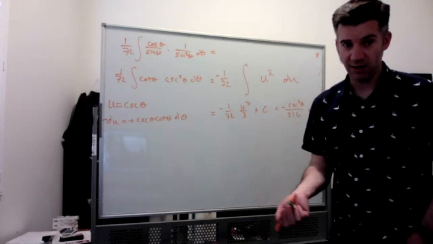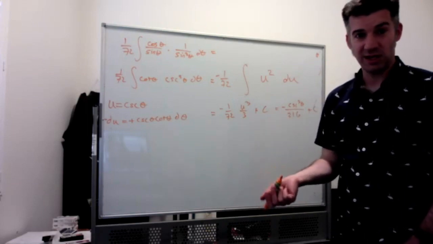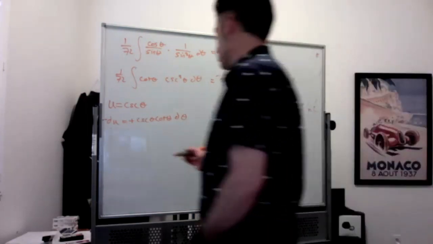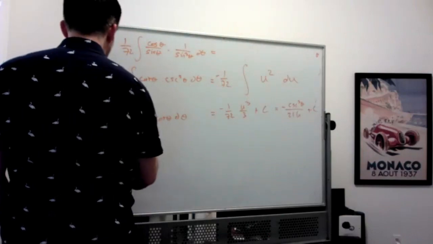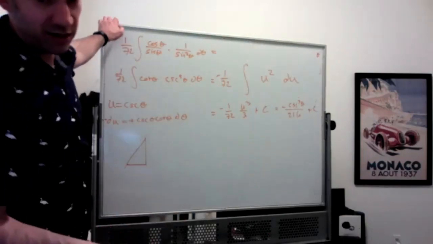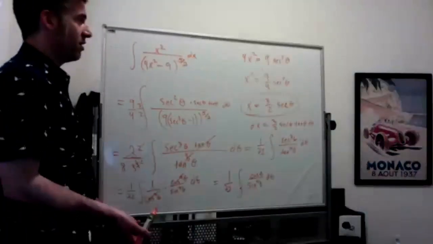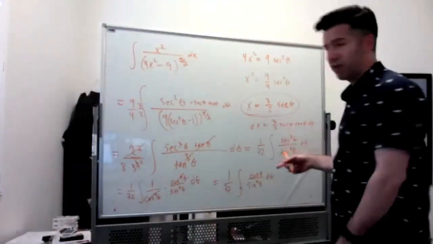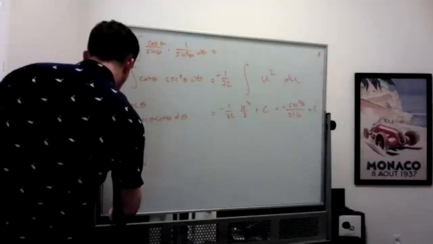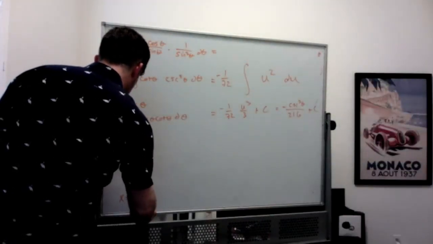And then finally, we have to figure out what cosecant is. So we draw our triangle. Remembering in our triangle that, well, let's just go back and look instead of trying to remember, that x is equal to 3/2 secant theta. So x equals 3/2 secant theta.